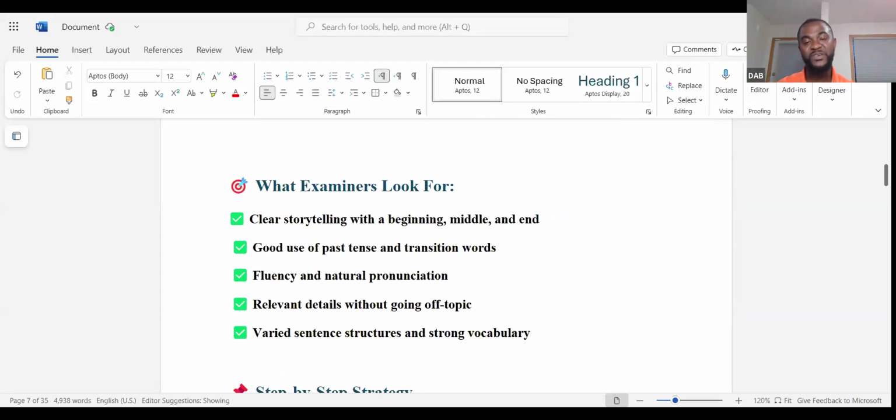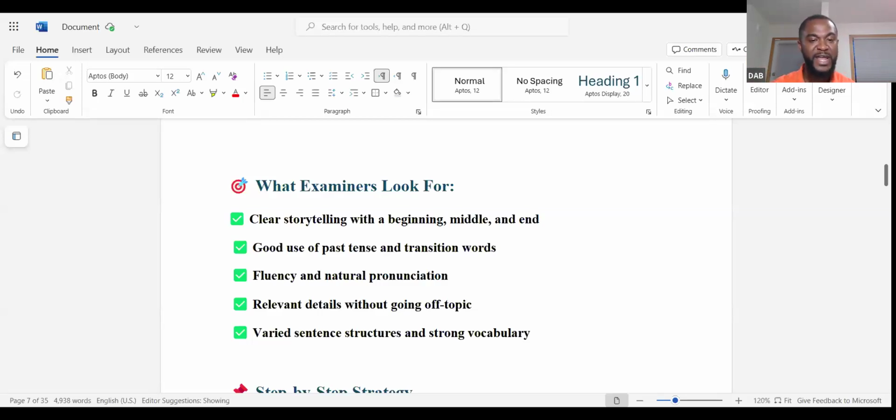Since it is a past experience, you'll be using the past tense because it is not happening now. It has happened. So the verbs that you'll be using should be in the past. Then you should be using transition words like moreover, firstly, primarily, secondly, also, although. We've been telling you that.